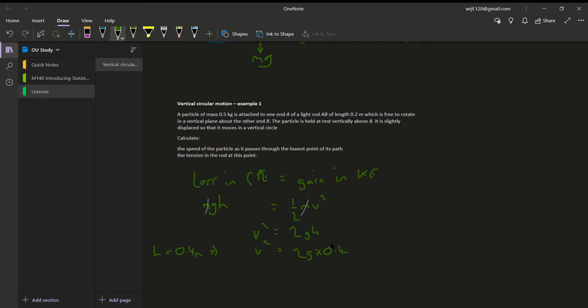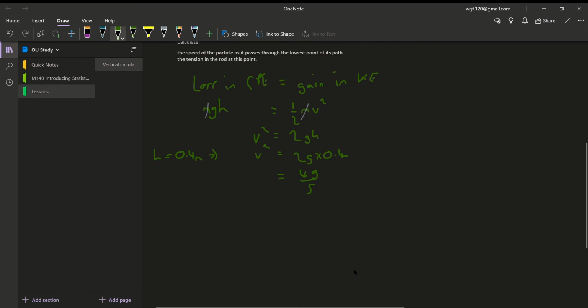So that's 4g over 5, isn't it? From 2 times 0.4 giving us 0.8, which is 4/5. My preference for fractions here. So we've got v squared as 4g over 5, and that means that our speed at the bottom of the circle is just going to be the square root of that.